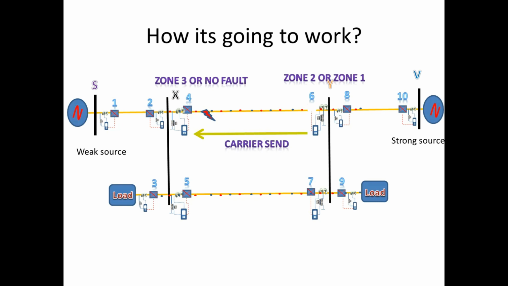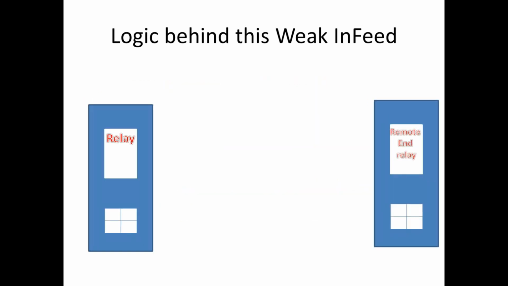Now the relay over breaker 4 should have the weak in feed logic to handle this situation. We will see what logic you have on relay 4 for weak in feed. Condition 1: the relay should have an under voltage.